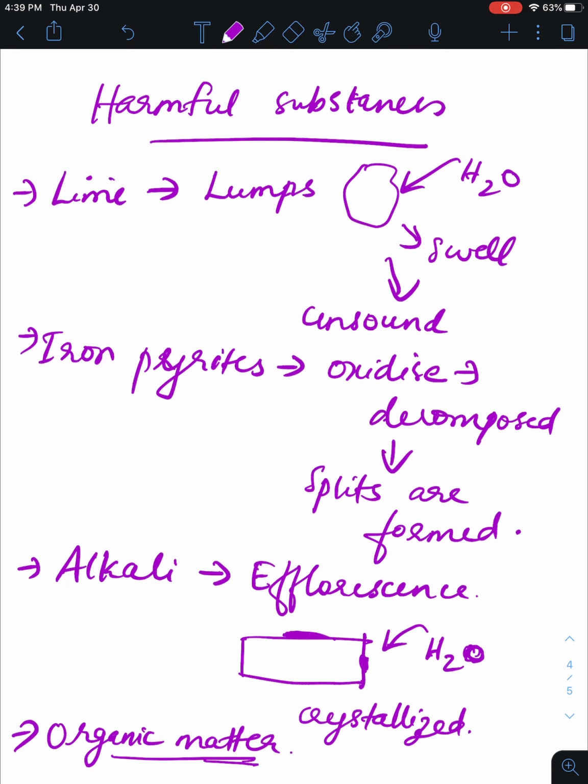When the brick is burnt in the kiln, this organic matter will decompose and evaporate, and a void will be created. The brick will become permeable and will have low strength.